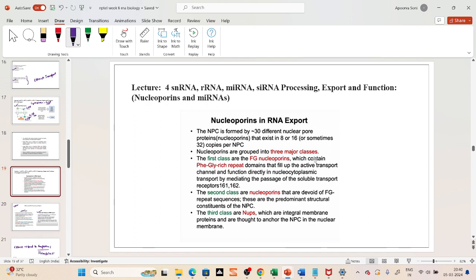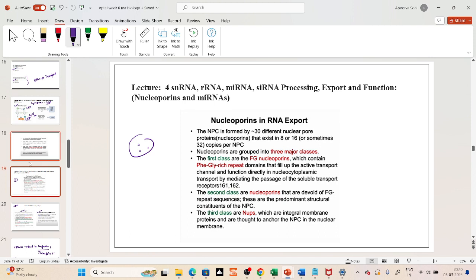Basically, your nucleus has nuclear pores, and the nuclear pore has various proteins, and these nuclear pore proteins are known as nucleoporins.